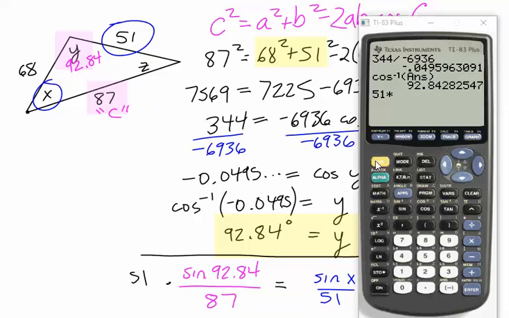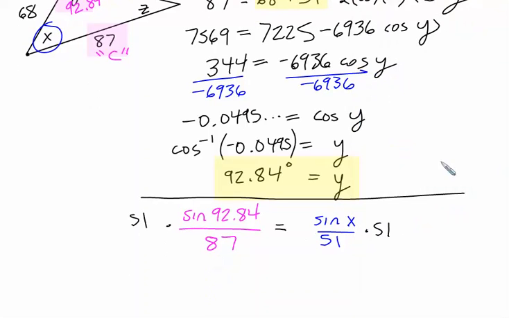So we want 51 times the sine of our previous answer divided by 87. And that's going to be what sine of x is equal to, 0.585 and then more. So 0.585 equals sine x. So x would be the inverse sine of 0.585.